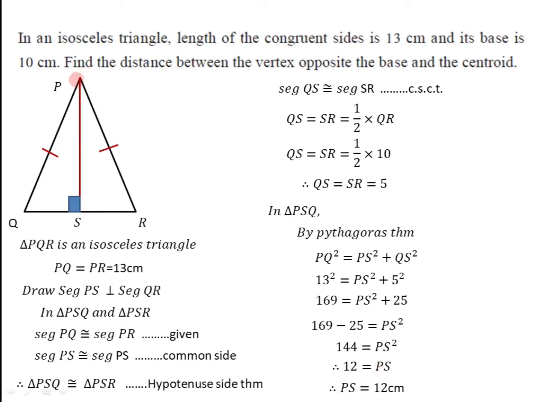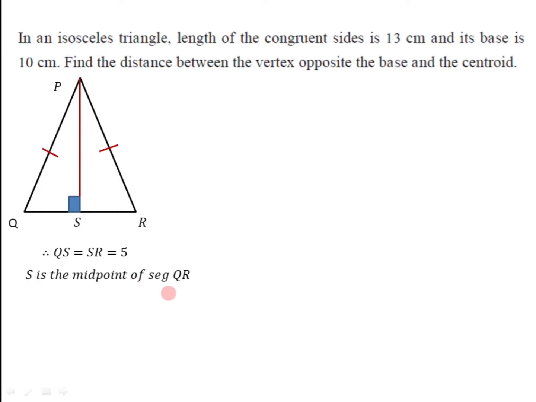As we can see in the diagram, the length of segment PS is 12. Now the next step would be, S is the midpoint of segment QR, as we have just proved that QS is congruent to SR. And if S is the midpoint of segment QR, segment PS must be the median, because we know that the segment joining a vertex of a triangle and midpoint of its opposite side is called a median. So here in this case segment PS is the median.